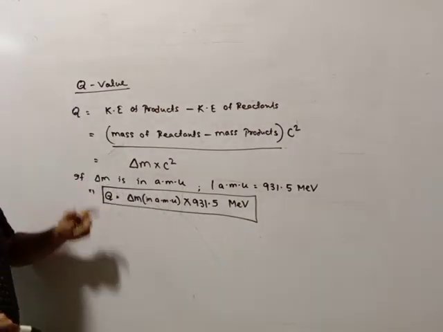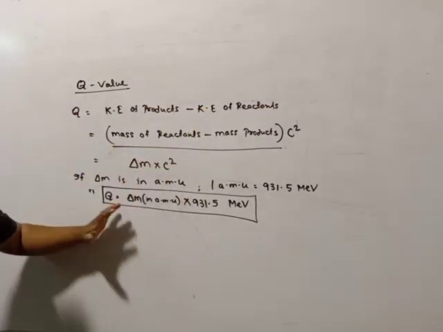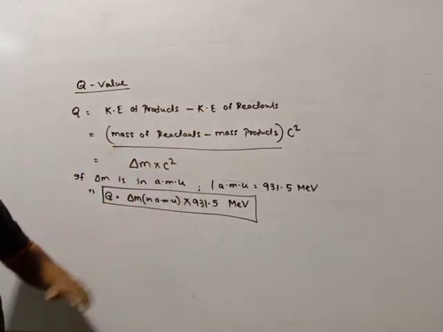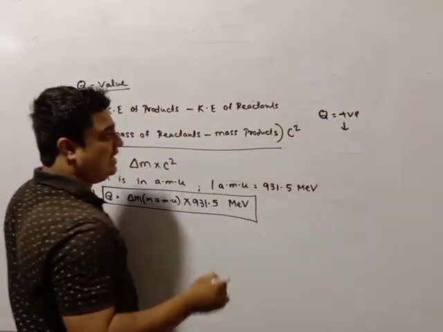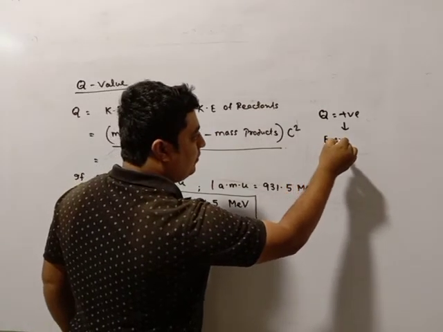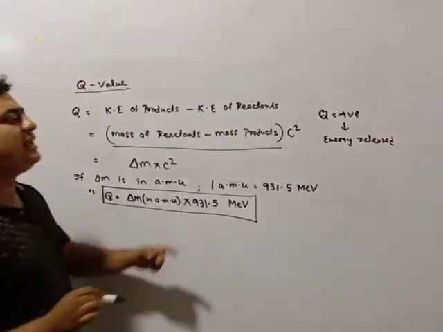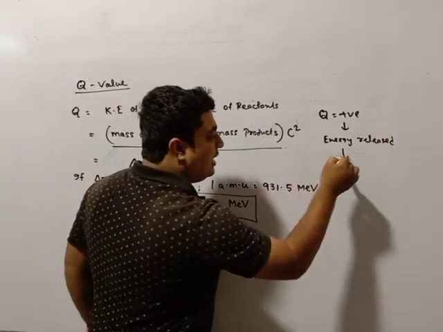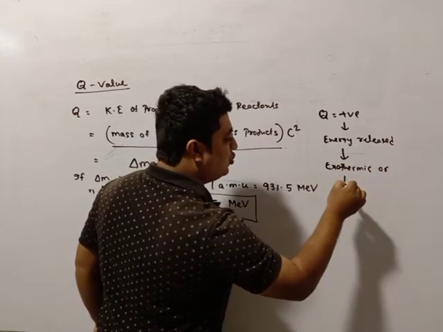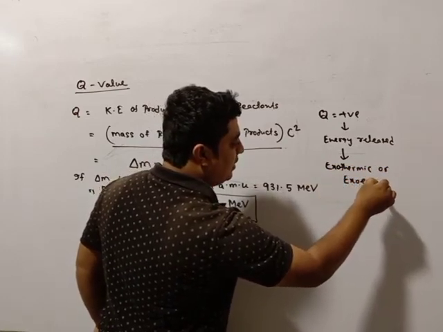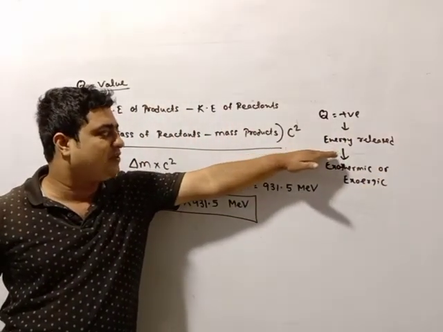Now, Q value gives the energy involved in the reaction. If Q is positive, that means energy is released. So, the reaction will be exothermic or exergic. If Q value is positive, then energy is released from the reaction.